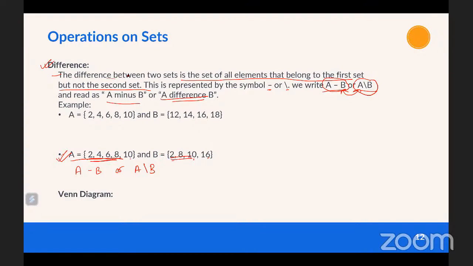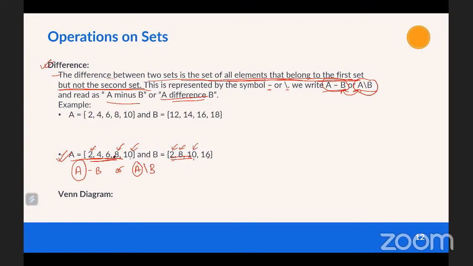You can read it again. It says that it is the set of all the elements that belong to the first set. So what is the first set? The first set is the set A, right? All the elements which belong to the first set but not the second set. So here 2 belongs to the first set, also belongs to the second set. 8 belongs to the first set and also belongs to the second set. 10 belongs to the first set and also the second set.